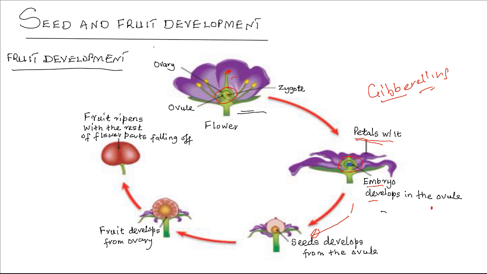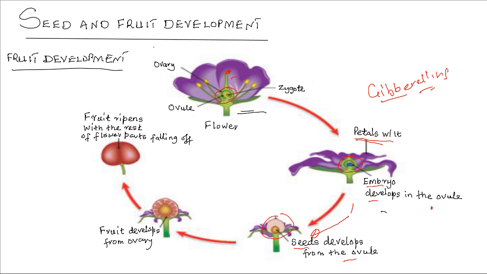So, the fruit develops from the ovary, and inside the ovary, the seed develops from the ovule. A fruit usually develops and ripens about the same time as the seed is developing. Now, this is important since the fruit aids in the dispersal of the seeds.